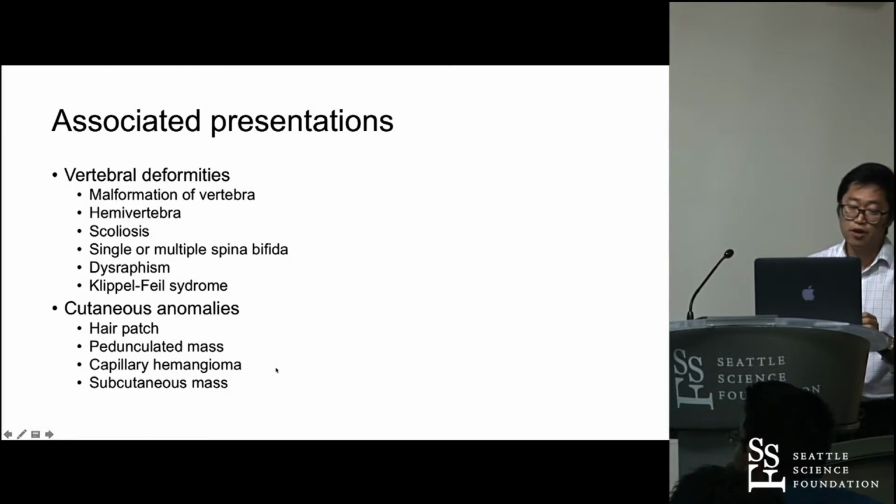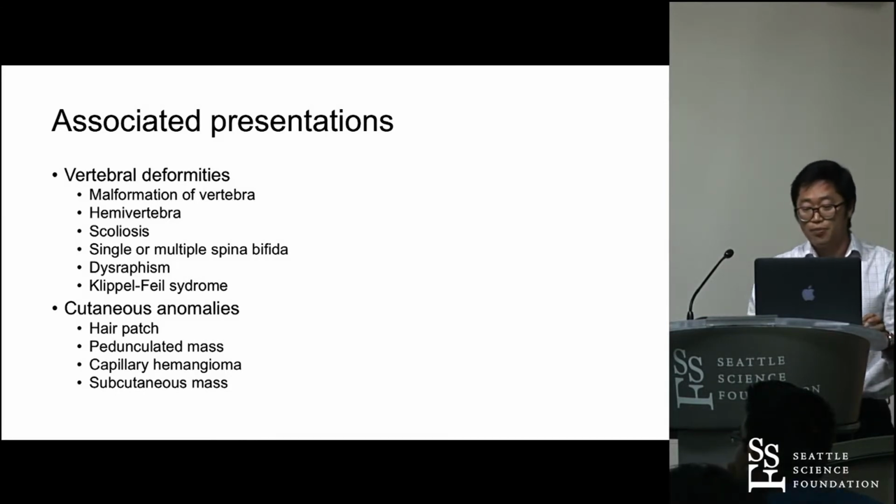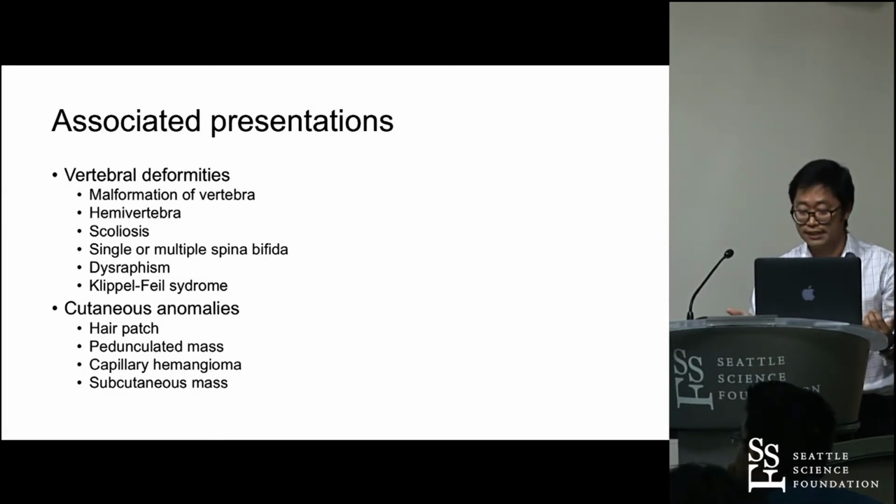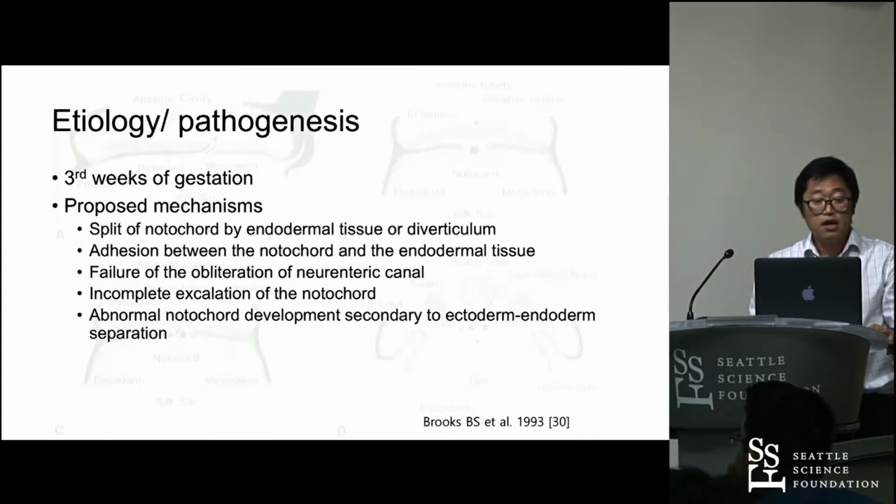It includes hair patch hirsutism, focal hirsutism, pedunculated mass, and hemangioma, as well as subcutaneous mass. There's no clear pattern of association between a specific vertebral or cutaneous deformity and the neurenteric cyst that has been identified, so that formula does not always hold.